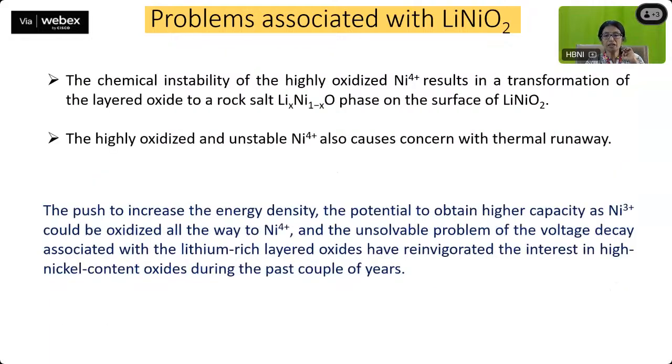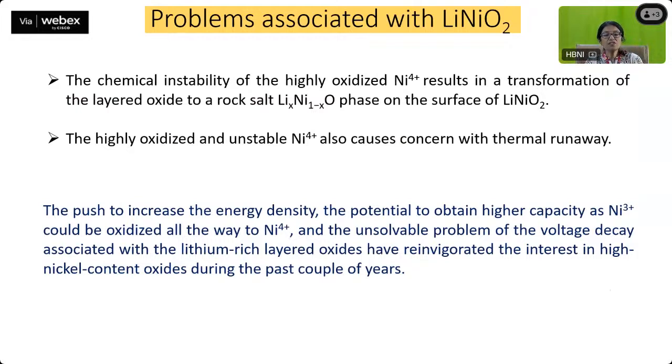So the chemical instability of this highly oxidized nickel 4+ results in the transformation of the layered oxide to a rock salt LixNi1-xO phase on the surface of LiNiO2. And the highly oxidized and unstable Ni4+ also causes concern with thermal runaway. So there can be a thermal runaway if you have this highly oxidized, unstable Ni4+ in large amount in your system.